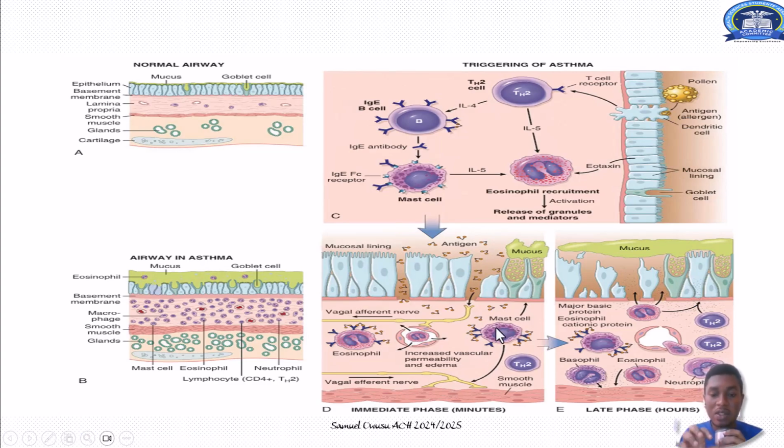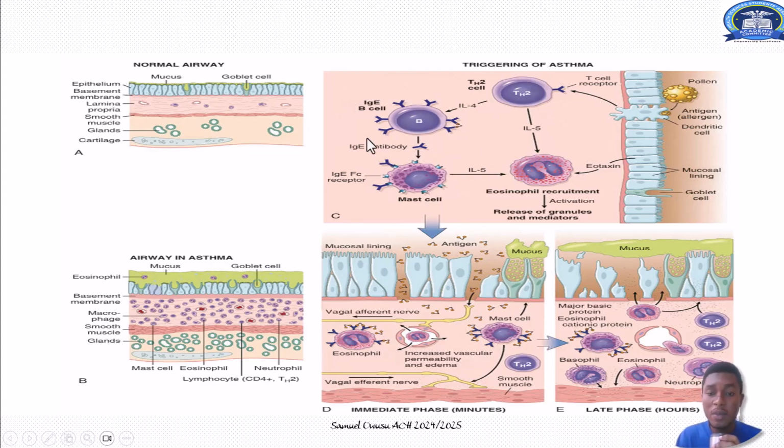Degranulation means the mast cell is going to burst, leading to the production of a lot of products. Notable among them are leukotrienes and histamines. And what do leukotrienes and histamines do? They cause bronchoconstriction.